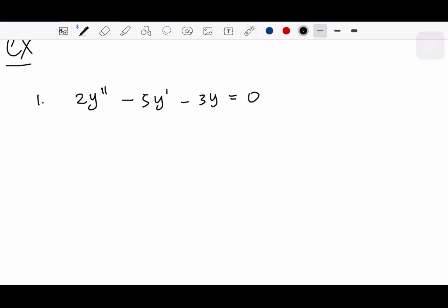Basically, to summarize, we can treat this second order equation, the y double prime, y prime, and y, exchanging directly to m. So we could use the auxiliary equation and write down a quadratic function that is this.